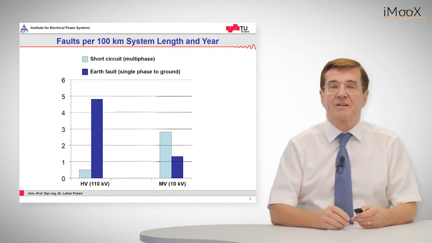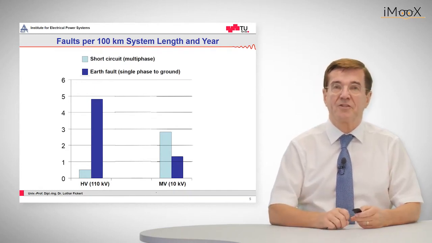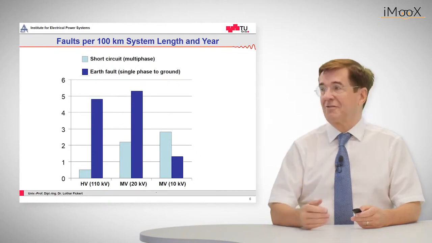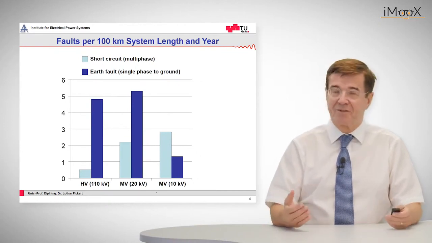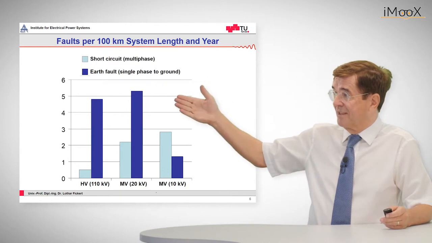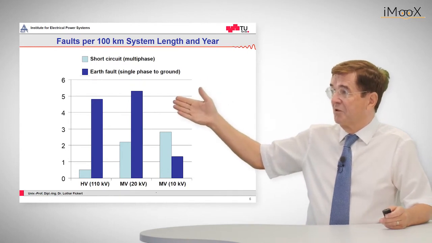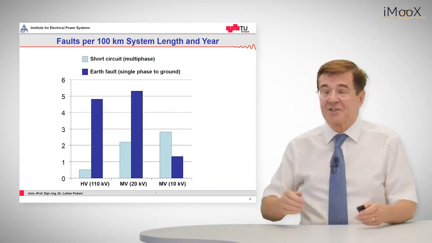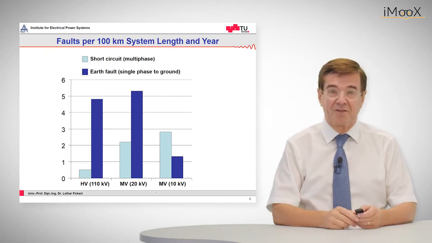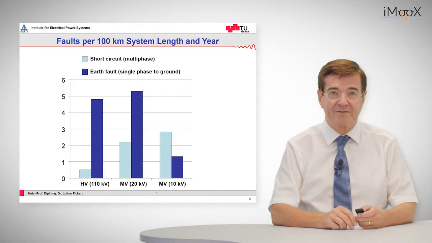And in the typical medium voltage range of 20 kV, we have both bad things from both sides. We have from the high voltage side the big proportion of earth faults, and from the low voltage side a high proportion of short circuits. So the 20 kV level and the medium voltage levels are very fault intensive.